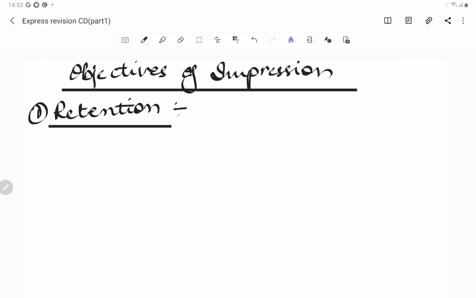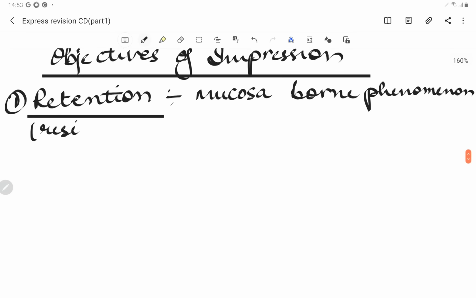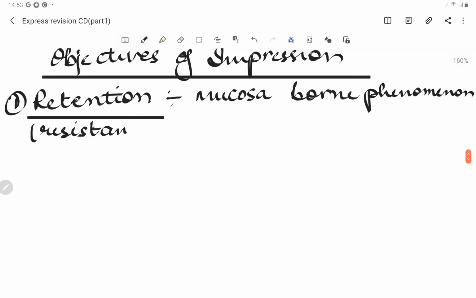So it is a mucosa borne phenomenon. So it is resistance to displacement away from the tissue surface.